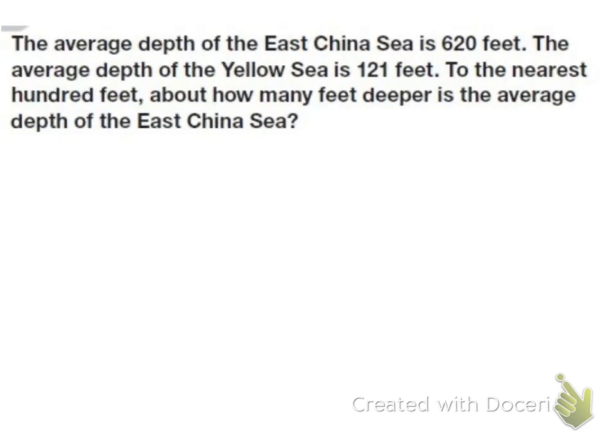This says the average depth of the East China Sea is 620 feet. The average depth of the Yellow Sea is 121 feet. To the nearest 100 feet, about how many feet deeper is the average depth of the East China Sea? Since it says to the nearest 100 feet, we can go ahead and round these numbers. 620 is going to round down to 600 because 2 is less than 5.